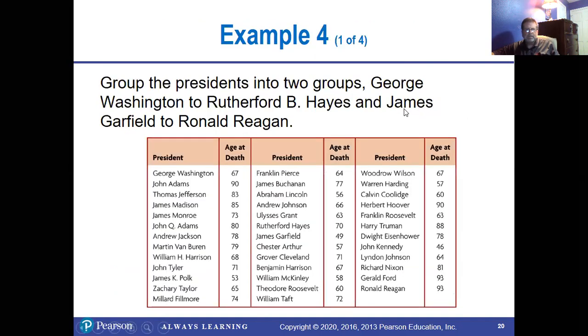All right. So it says a group of presidents in two groups: George Washington to Rutherford B. Hayes and James Garfield to Ronald Reagan. A little outdated because there's been George H. Bush, Clinton, George W. Bush, Obama, and now President Trump.